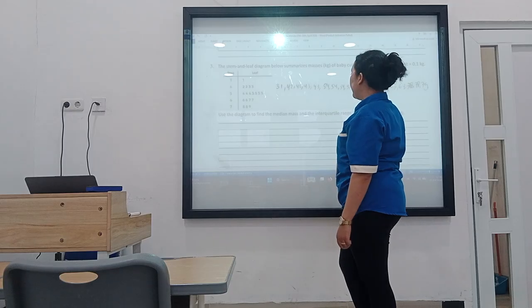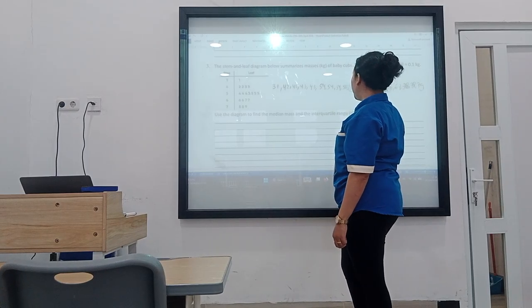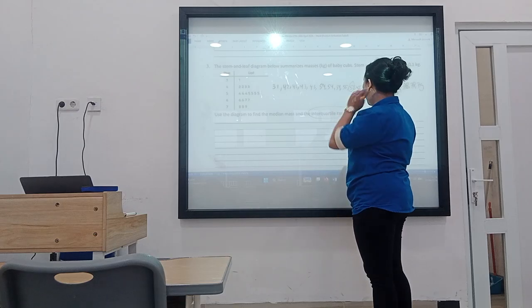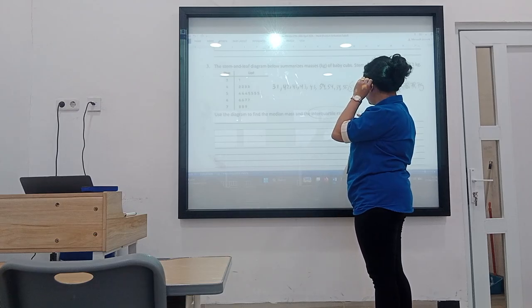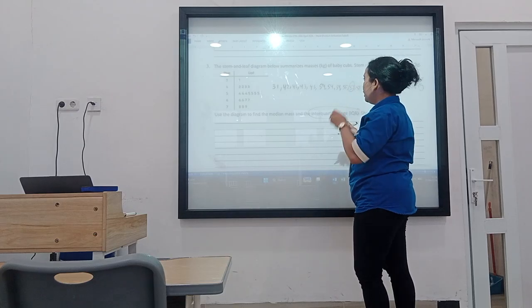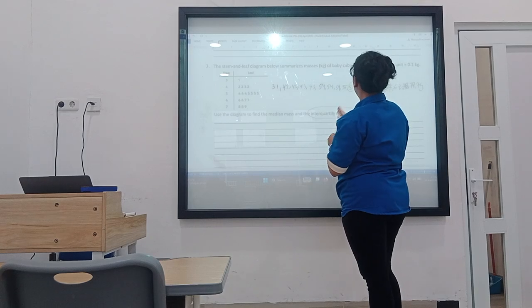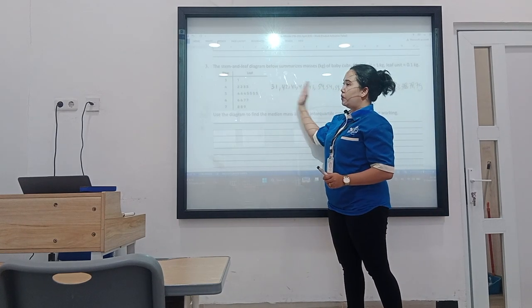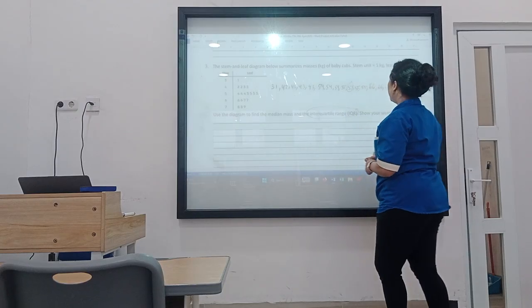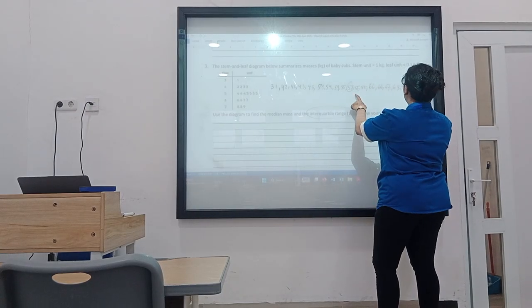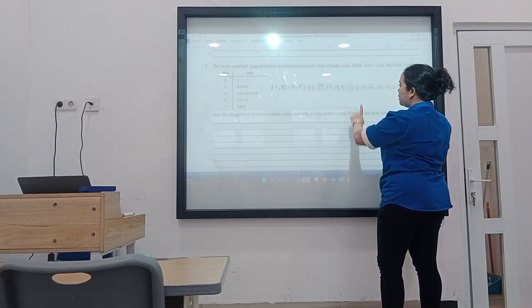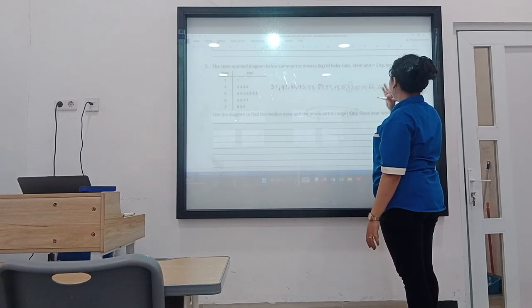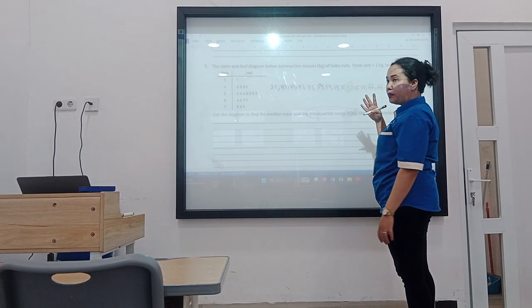Okay, now how to find the interquartile range? The interquartile range is the upper quartile minus the lower quartile.